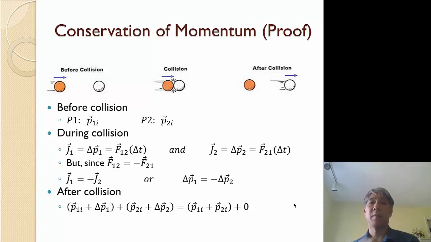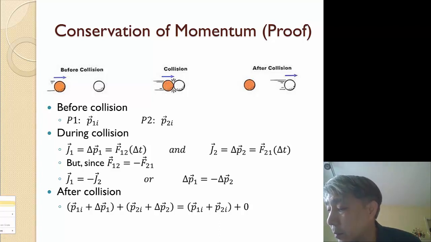Or, since impulse is the same as change in momentum, the change in momentum of the first object equals the change in momentum of the second object, but negative. So after the collision, I have P1i plus its change in momentum, plus P2i plus its change in momentum. That's going to equal my initial momentum, because the changes in momentum cancel each other out.